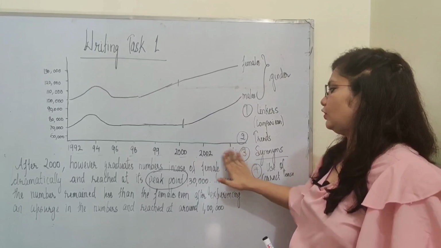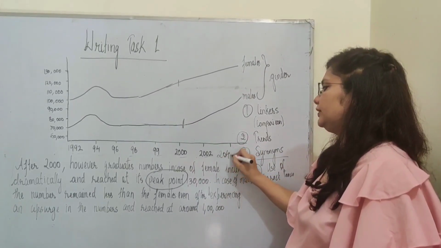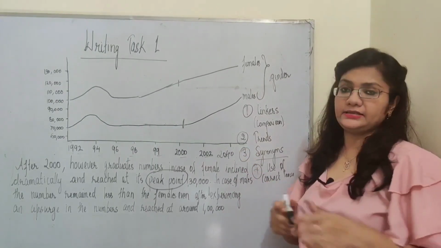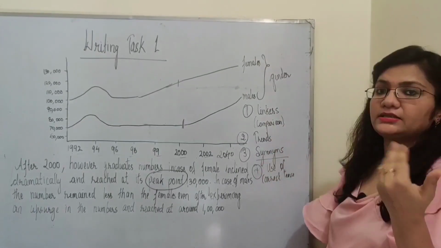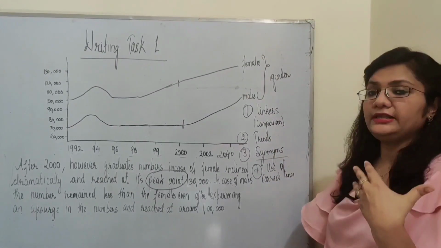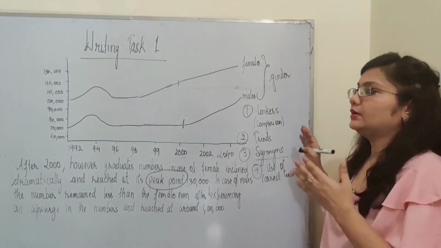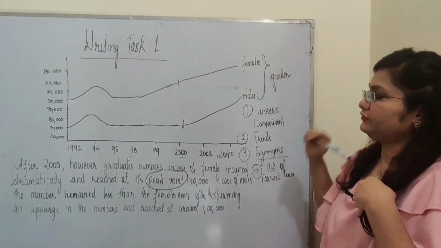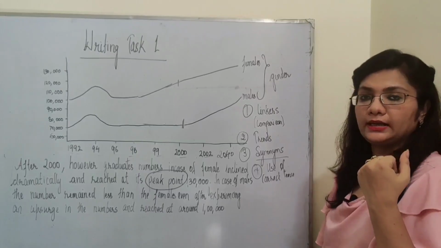For example, if we talk about this data only, the last one, if it is written 2040 here, I will say, although there is an estimation for both genders that the graduates of Canadian universities will increase, and it will reach 1,30,000 in case of females, and in case of males it will be at 1 lakh.